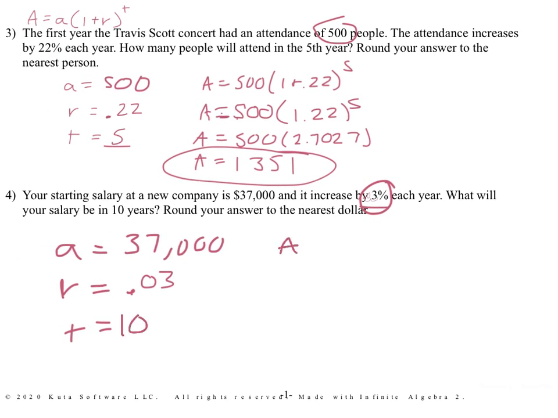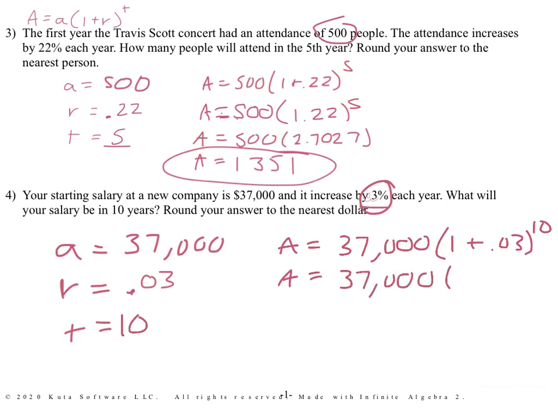So we just plug everything in. We have 37,000 times 1 plus our rate, which is 0.03, raised to the power of 10. We add what's in our parentheses first, so 1.03 raised to the power of 10. Now we put 1.03 into our calculator.